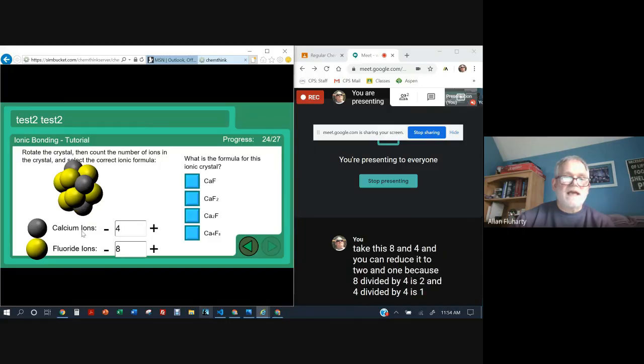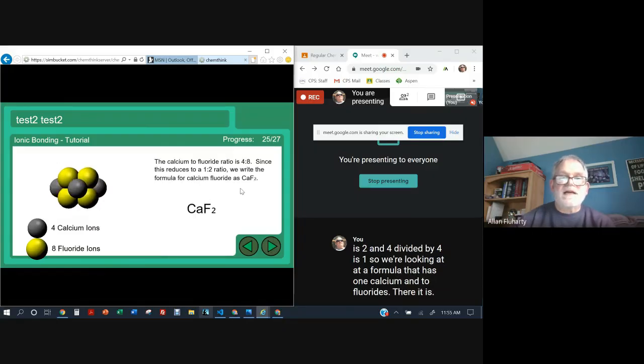So we're looking at a formula that has 1 calcium and 2 fluorides. There it is. The calcium to fluoride ratio is 4 to 8. Since this reduces to a ratio of 1 to 2, we write the formula as CaF2, calcium fluoride.